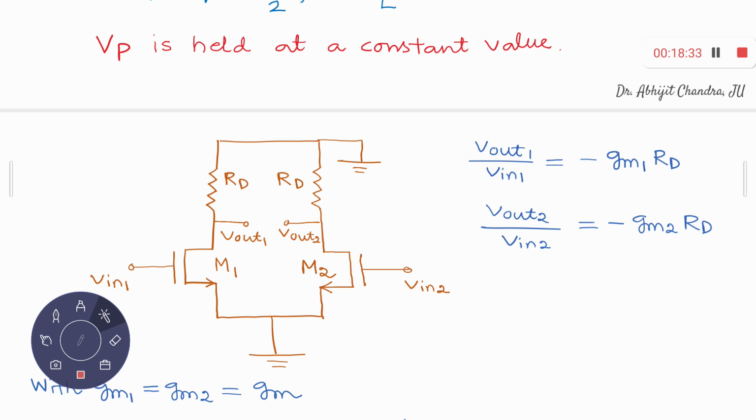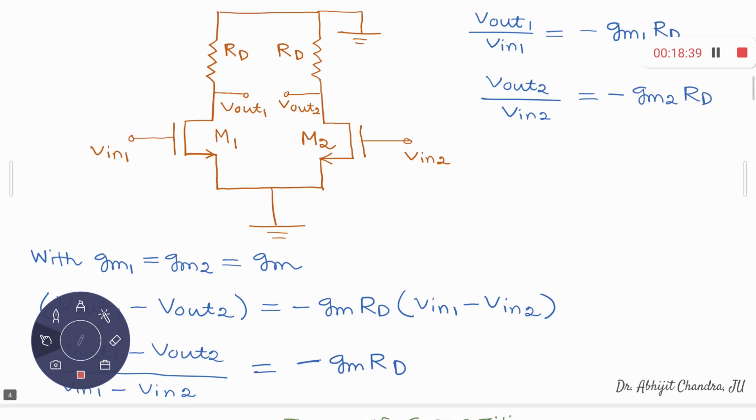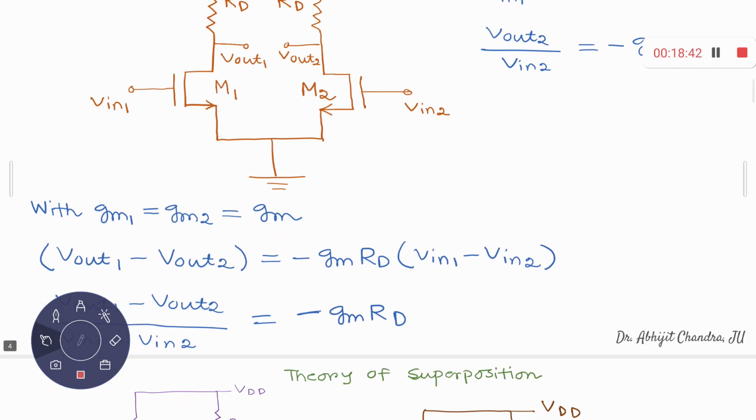What is Vout2 upon V2? Similarly, minus gm2 RD. Now with gm1 equal to gm2, Vout1 minus Vout2 is equal to minus gm RD times V1 minus V2. So the gain becomes minus gm RD. But remember that for a common source, these two gms are not the same. We'll come to that. So this is a very fundamental way to analyze this circuit, right?